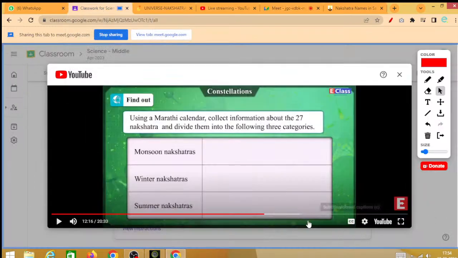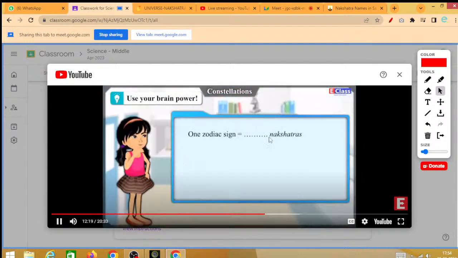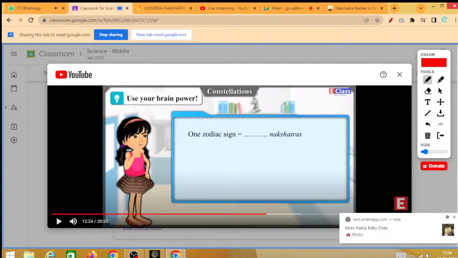Okay. Now let's go ahead. First, use your brain power. One zodiac sign is equal to dash nakshatras. How many nakshatras? Tell me. 27 nakshatras. No, but how?